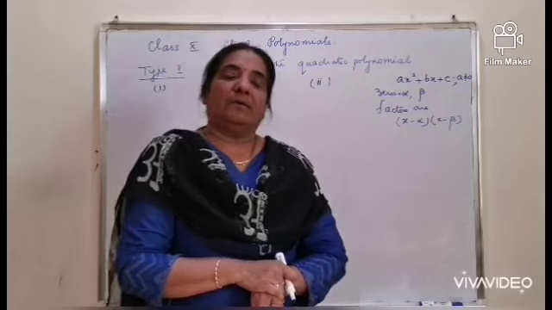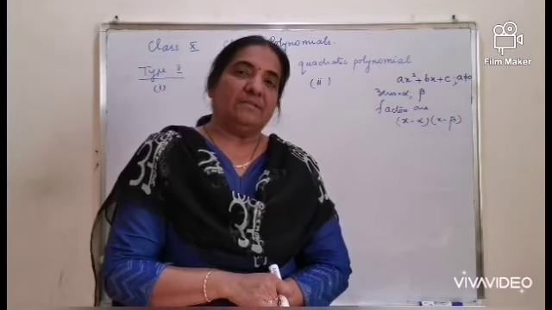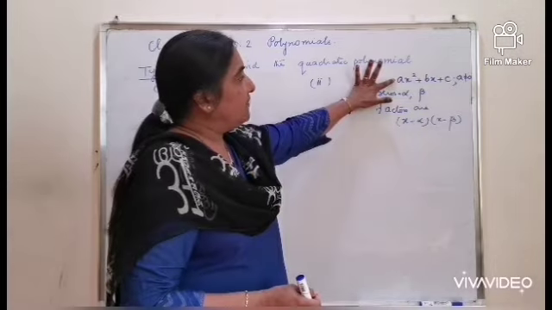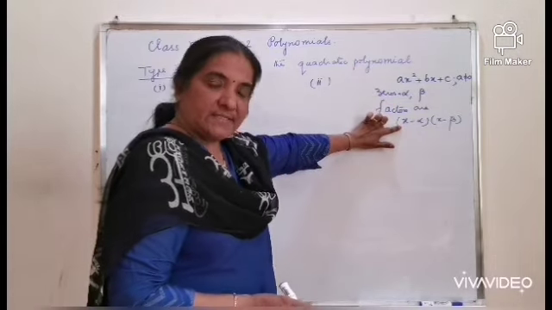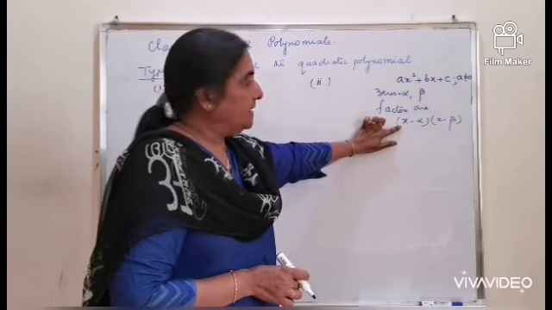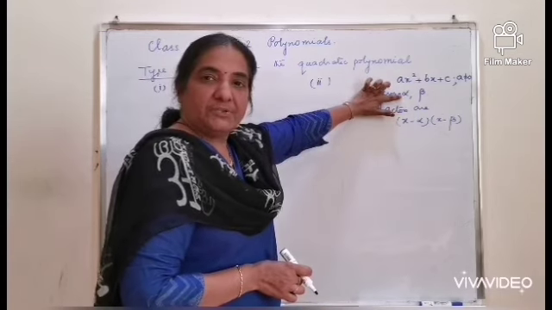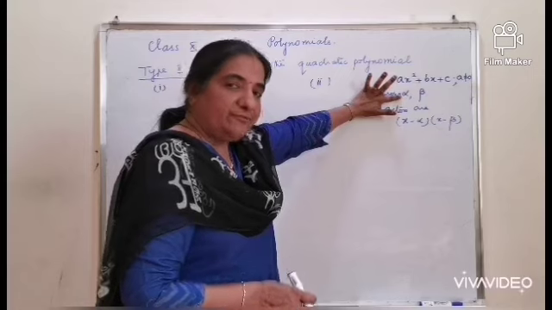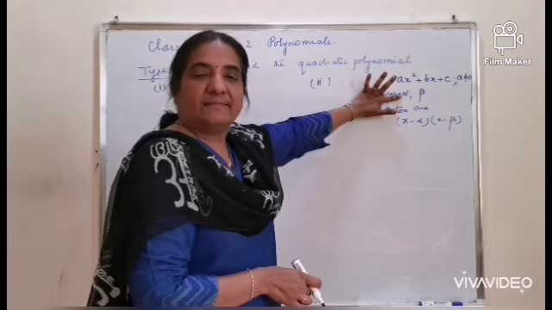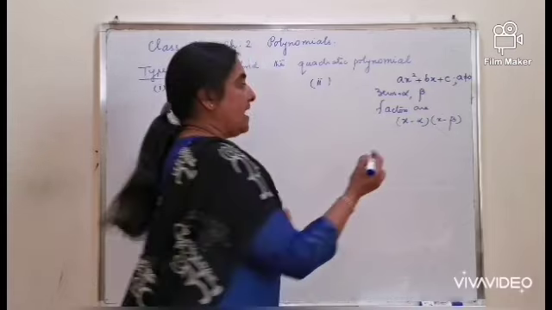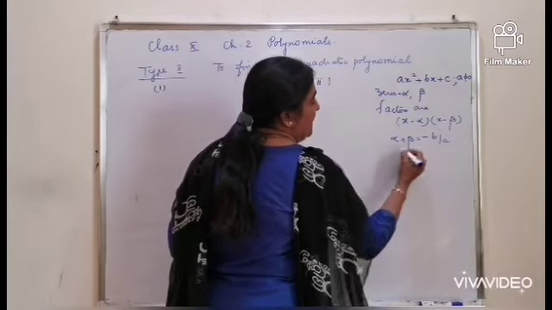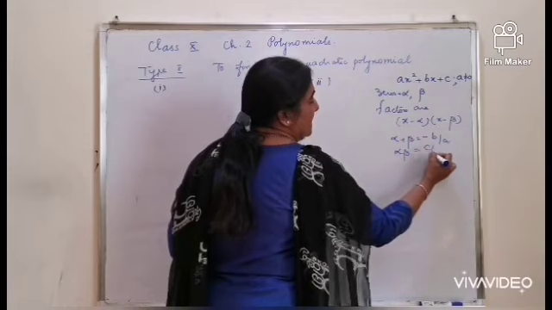In type 1 or in the verification problems, you were finding the factors using one of the factorization methods and then moving into the zeros, then finding sum of zeros and product of zeros, and then verifying with the relation alpha plus beta is equal to minus b by a and alpha beta is equal to c by a.